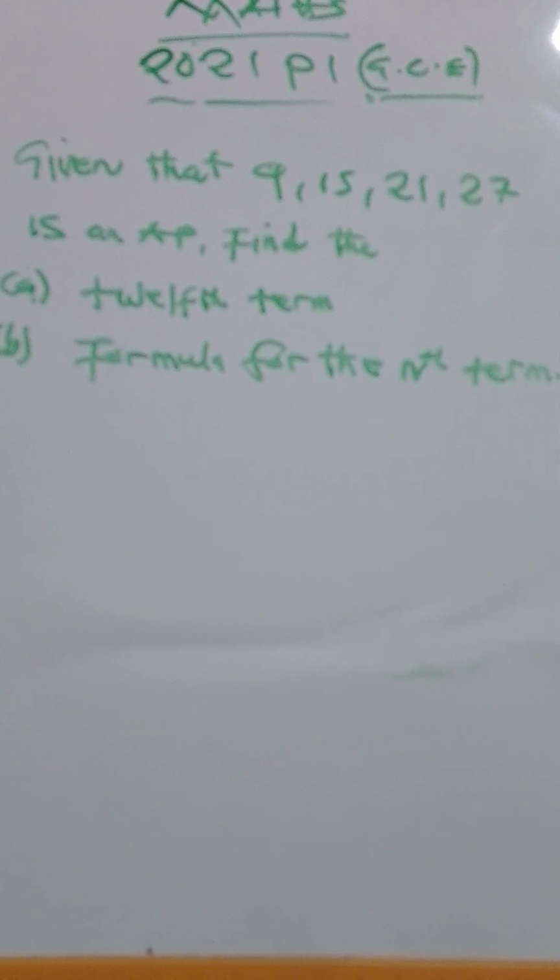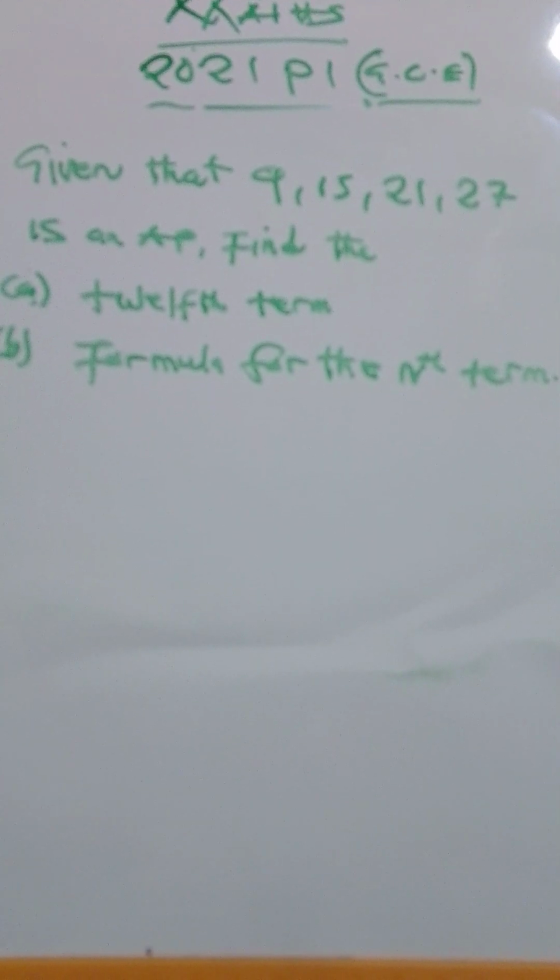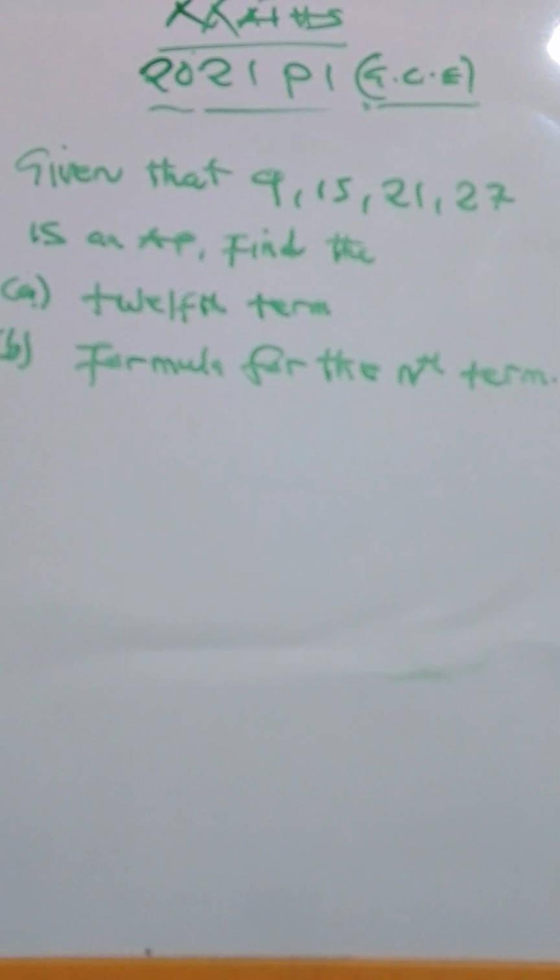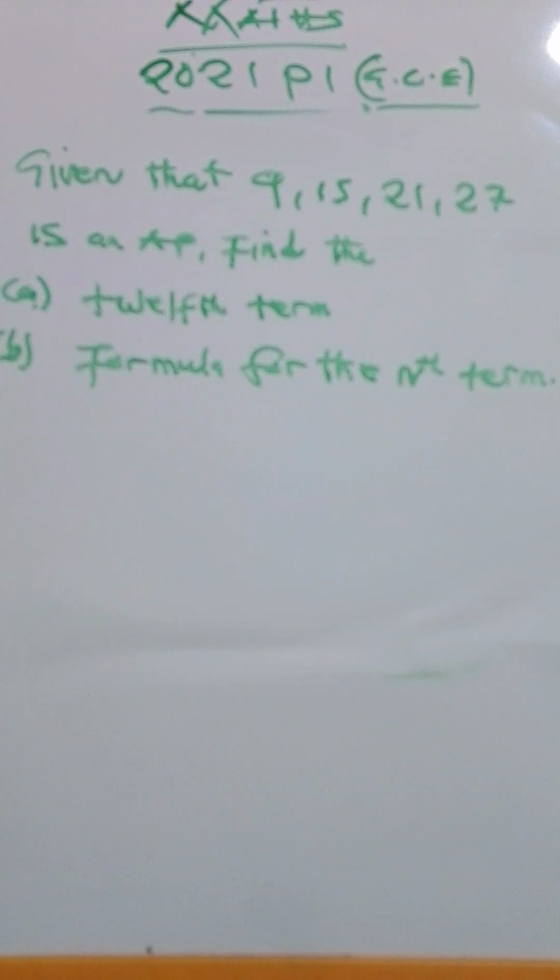Okay, so we move. Given that 9, 15, 21, and 27 is an arithmetic progression, AP, find the 12th term. So under AP, we understand that before you find anything, you need to come up with a common difference.